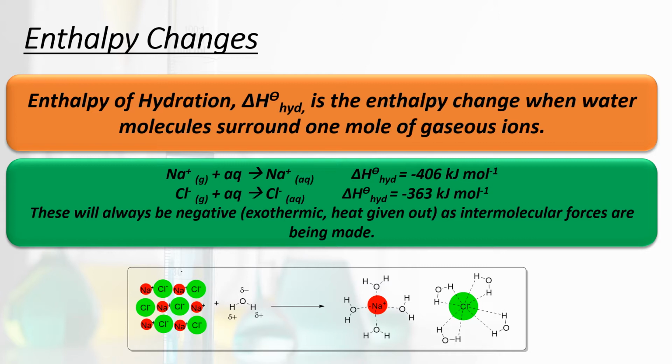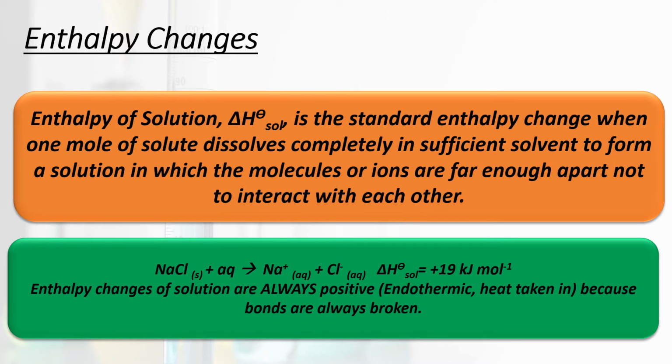And these enthalpy changes of hydration will always be negative because we're forming these ion dipole intermolecular forces. It's kind of akin to making a bond. That's a favourable process of electrostatic attraction, and therefore these are exothermic, negative enthalpy changes where we've given heat energy out.